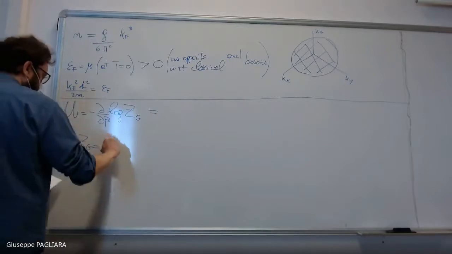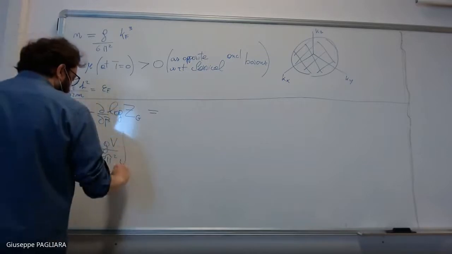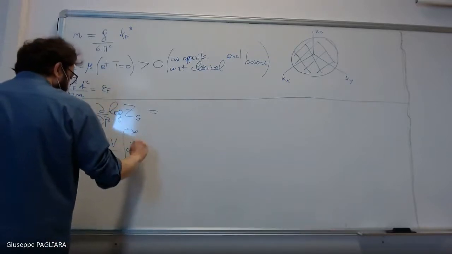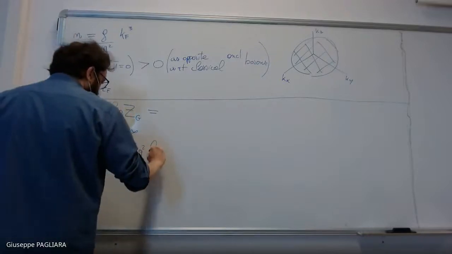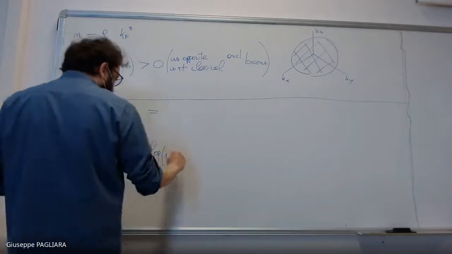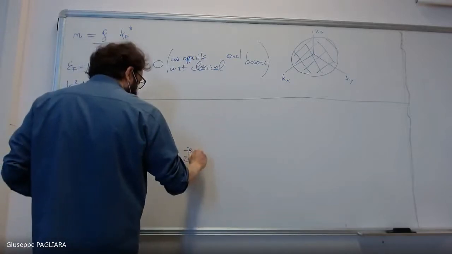This is gV over 2 pi squared, an integral from 0 to plus infinity dq q squared log of 1 plus z e to the minus beta epsilon q.